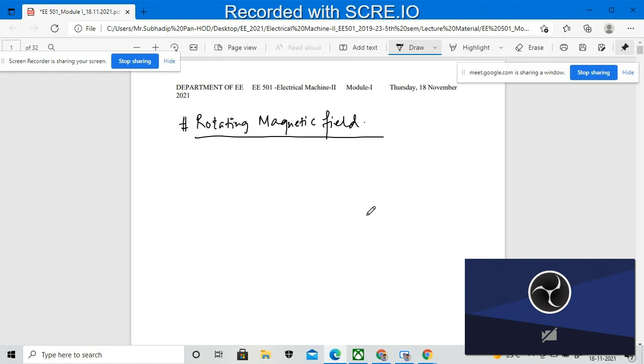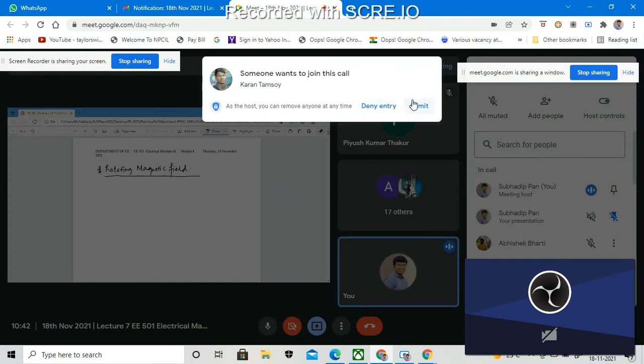Then it will produce a rotating magnetic field of constant magnitude. The three phase winding consists of three separate windings spaced 120 electrical degrees apart around the surface of the machine.